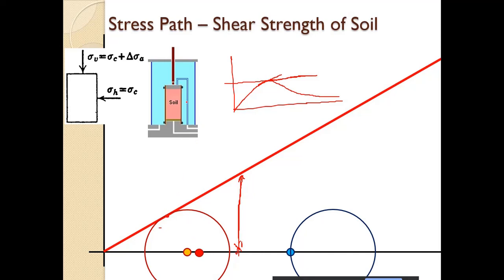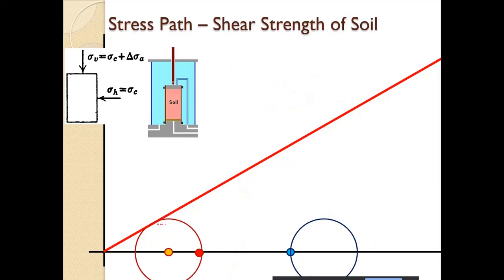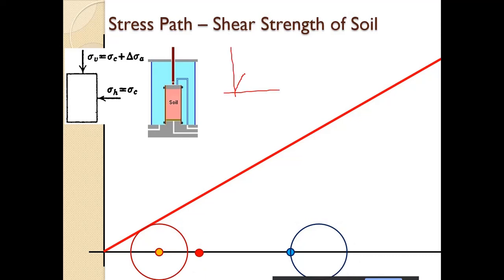As we go on increasing the deviatoric stress, or as we go on loading the sample, the pore pressure will develop and the mean will shift to the left. In that case, it cannot take any more load, because the effective confinement in the soil is decreasing, and therefore we will have a failure of this kind.